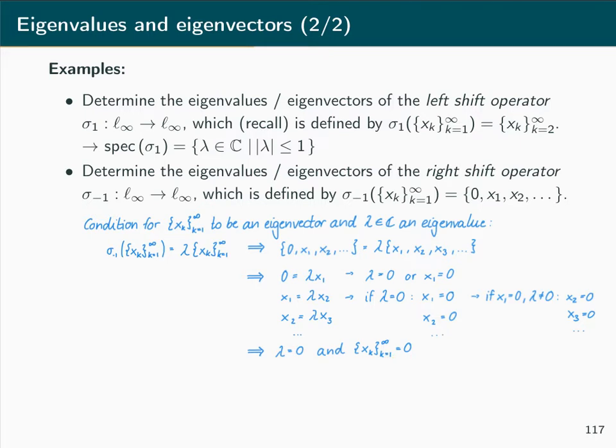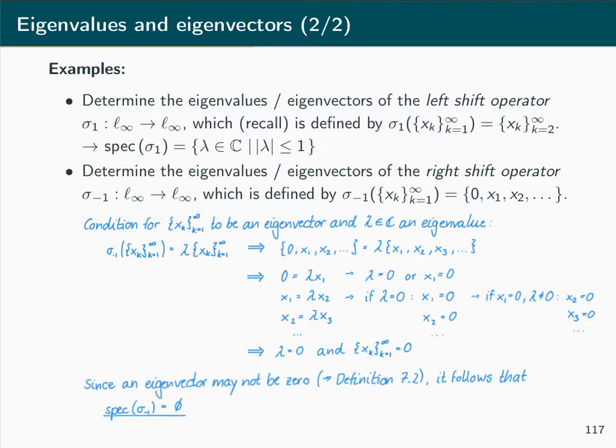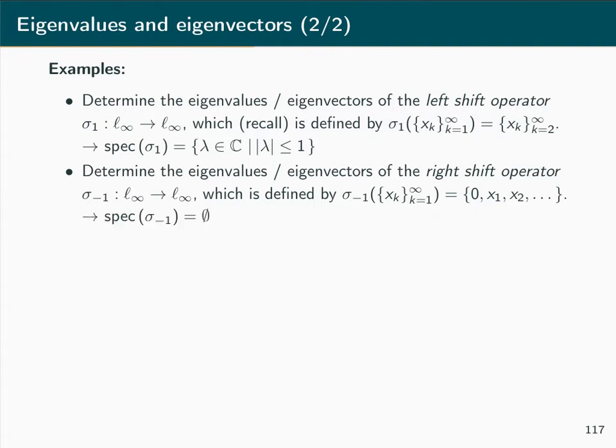But according to definition 7.2, an eigenvector may not be 0. Therefore, it follows that the right shift operator has no eigenvalues, or in other words, the spectrum of the right shift operator is the empty set. And that's again what's stated here.